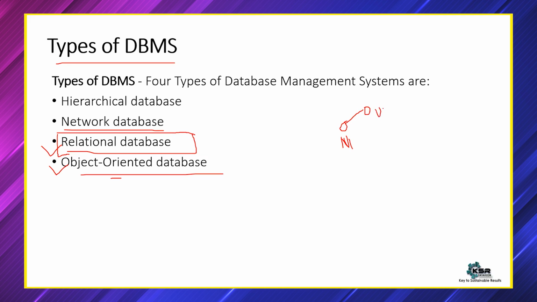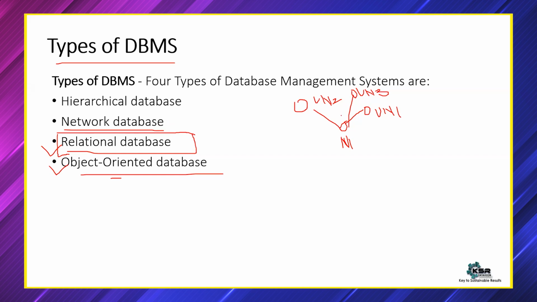This is the upper network. This network can be connected to multiple upper networks. This is upper network 2. This can be further connected to upper network 3. Somewhere one child is connected to multiple parents, can be n number of multiple parents. The lowest or the current node which is further connected to multiple upper nodes, that concept is called a network database.